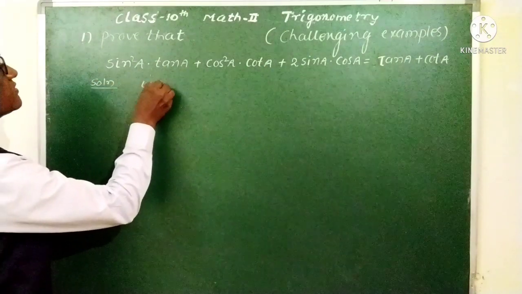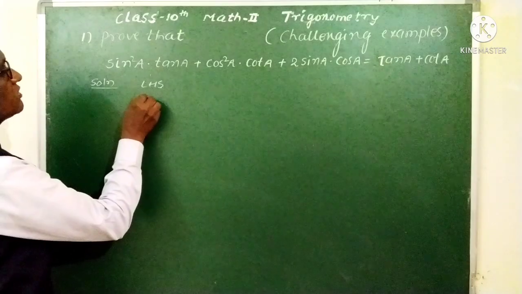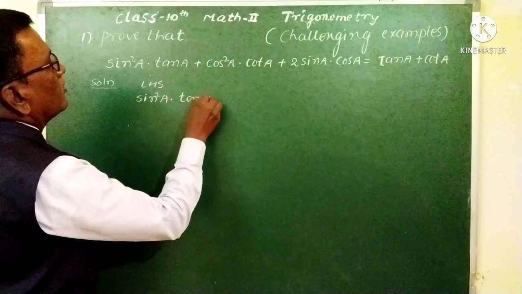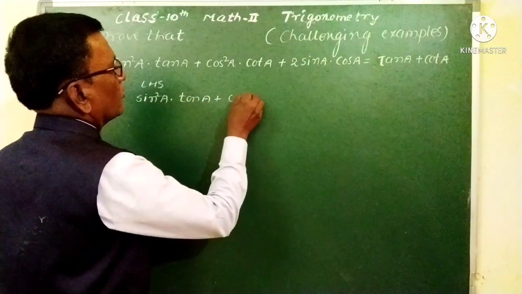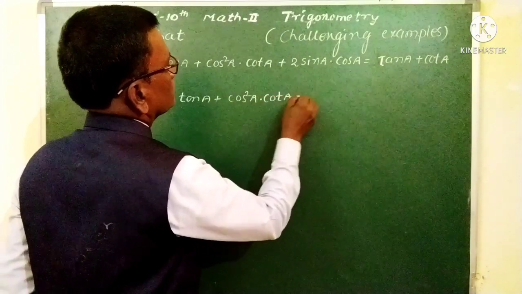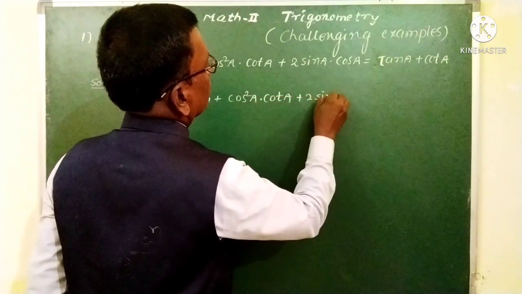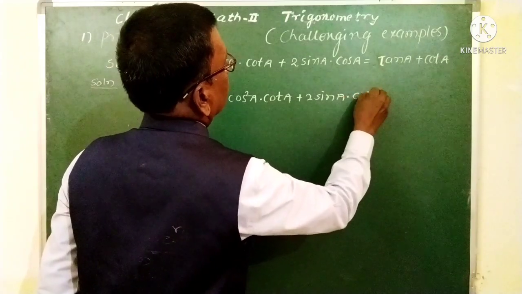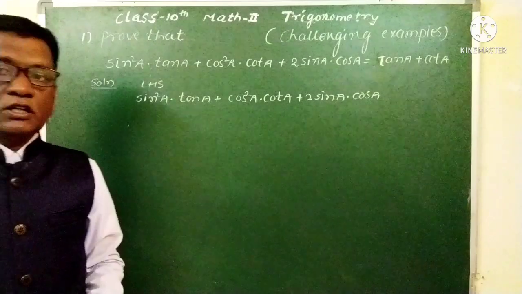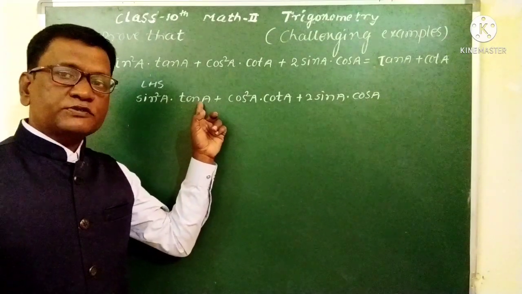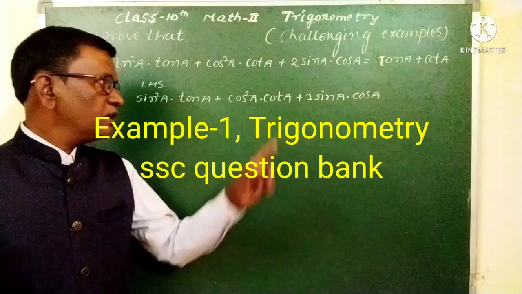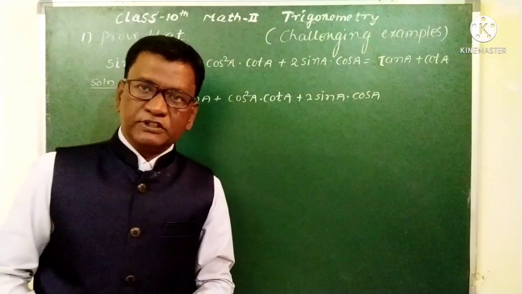We have LHS: sin square A into tan A plus cos square A into cot A plus 2 sin A into cos A. Here you substitute the formula for tan theta and the formula for cot theta first.